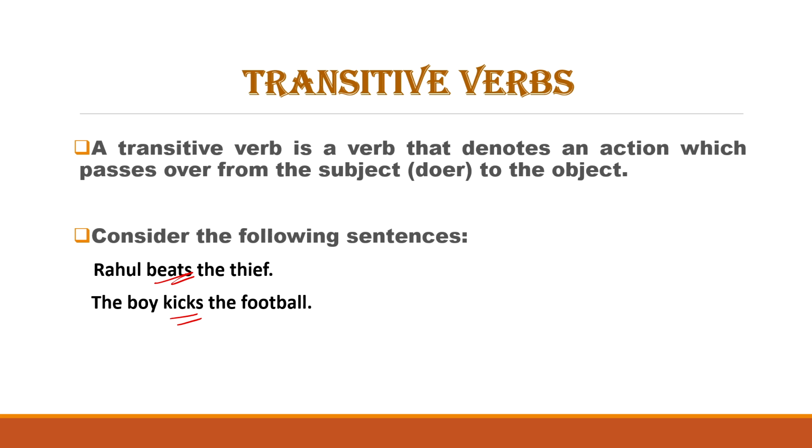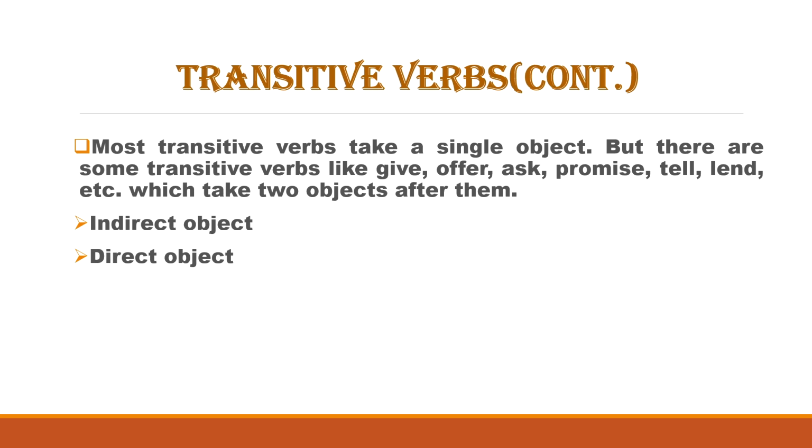that is football. Now, most transitive verbs take a single object, but there are some transitive verbs like give, offer, ask, promise, tell, lend, etc., which take two objects after them.